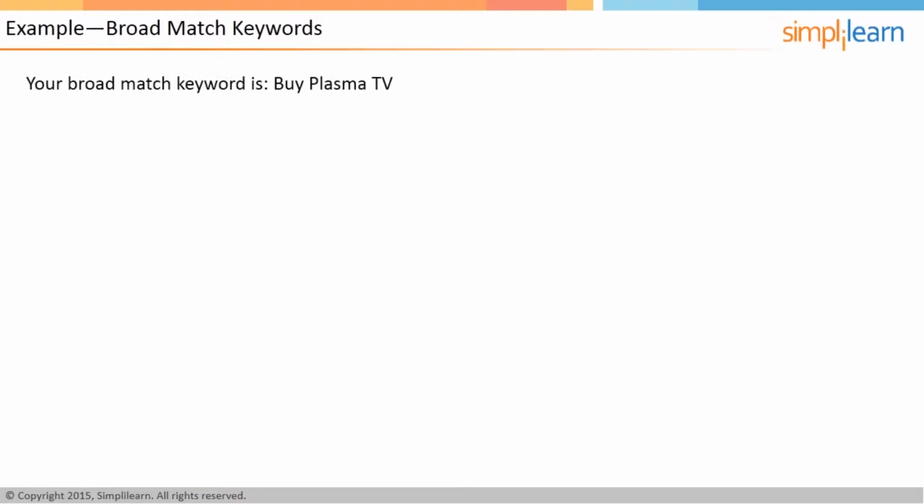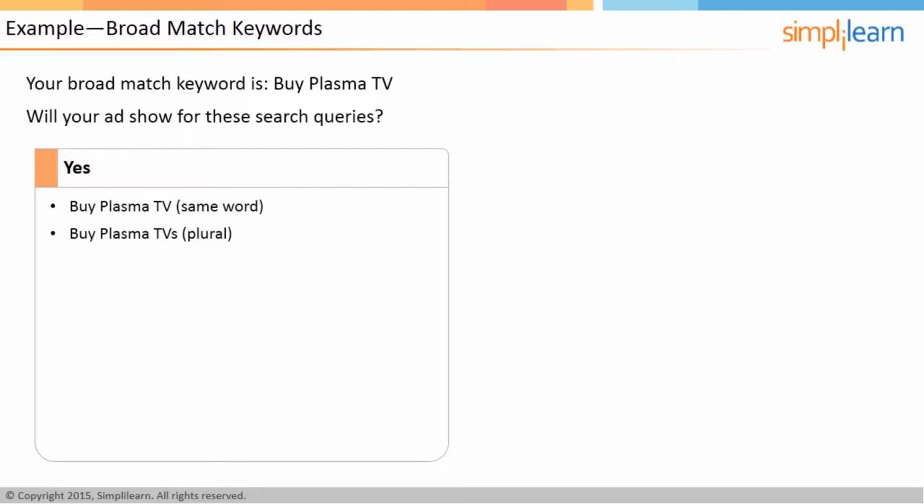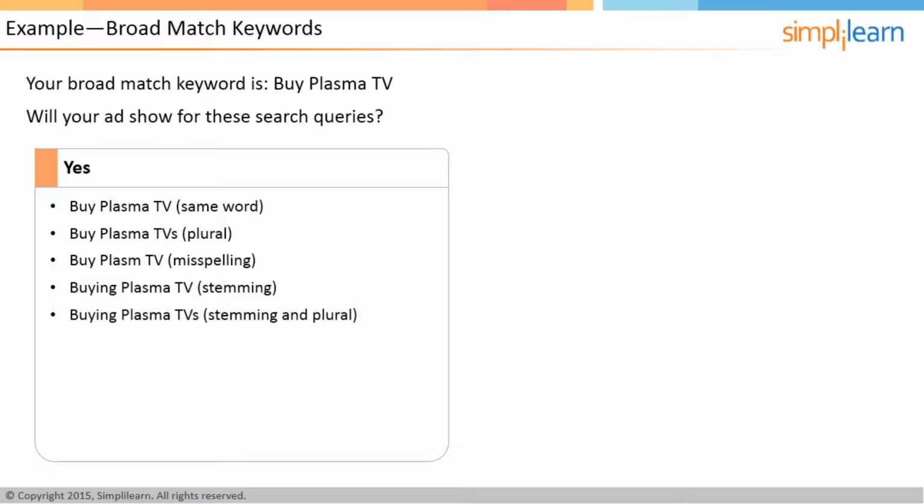So if we have the keyword buy plasma TV in broad match, the question is, can we show for the query? So something like buy plasma TV, same word, you can show. Buy plasma TVs, it's a plural. You could show as with exact or phrase match. The third one's misspelling. Again, you could show for misspellings or stemmings and plural.